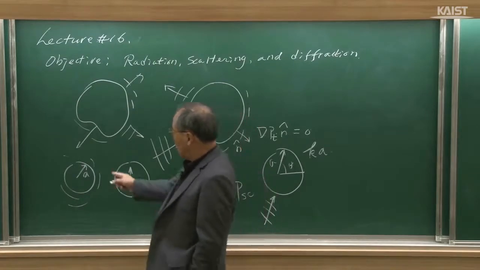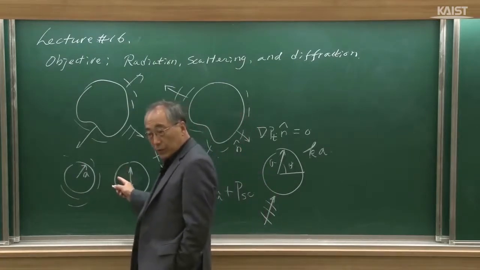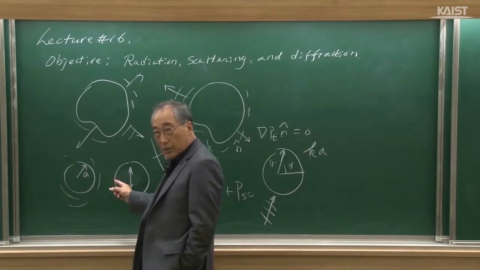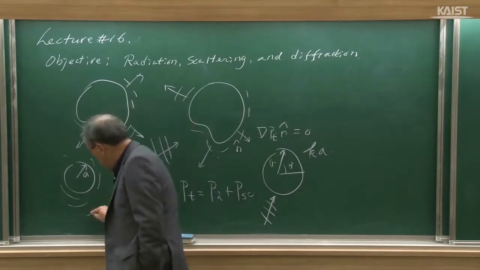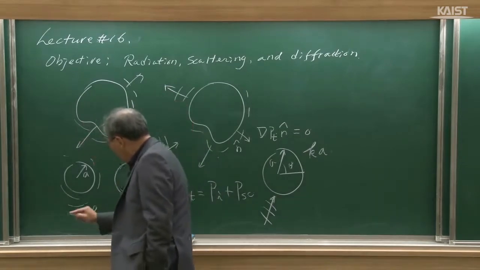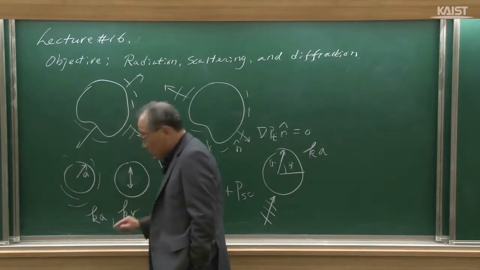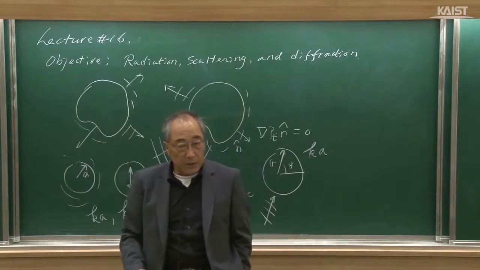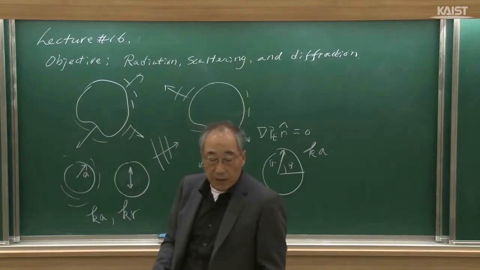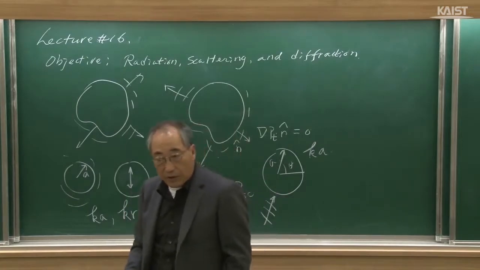And we found that radiation for the trembling as well as the breathing case depends on ka, as well as on the observation distance from the center of the breathing or trembling sphere.